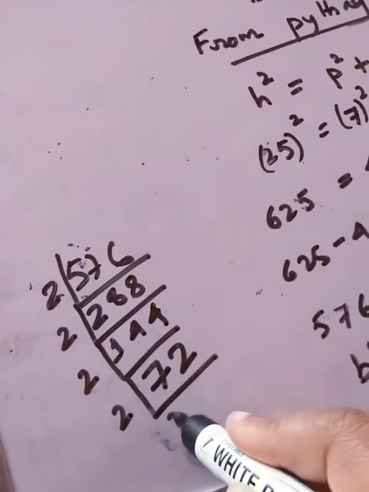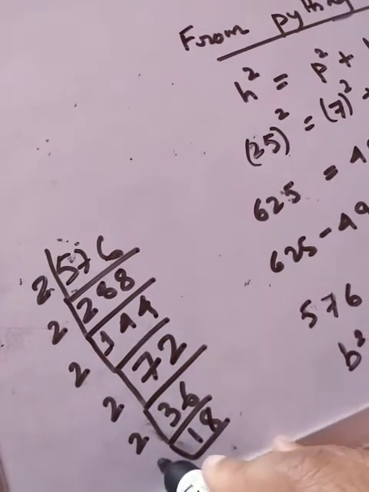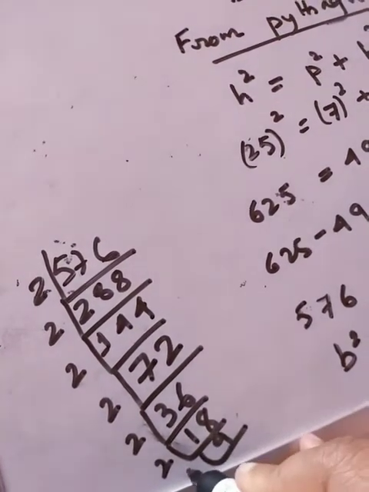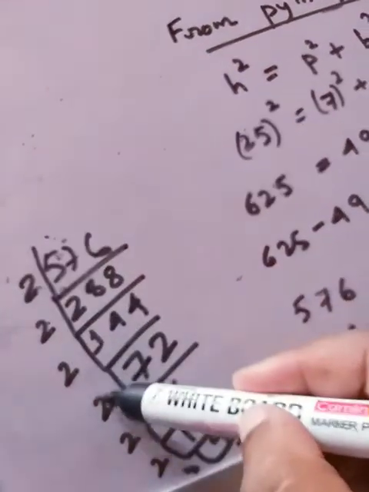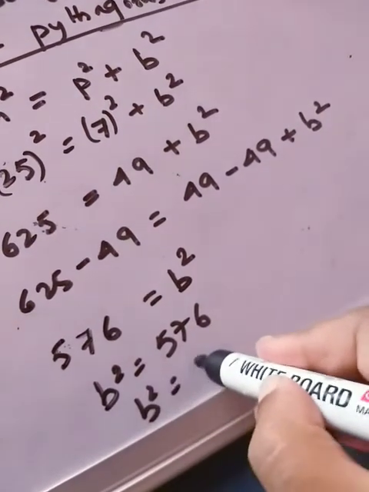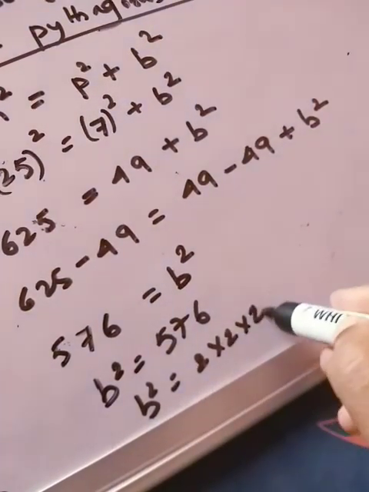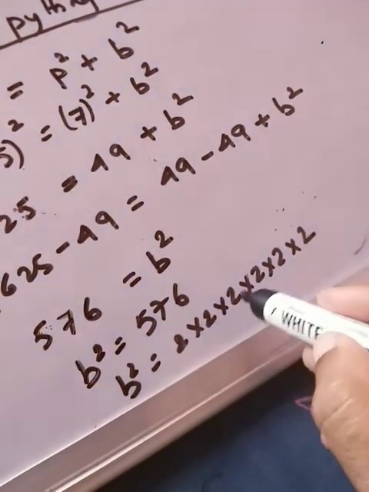Then 2 into 36, 2 into 18, 2 into 9, and then 3. So how many 2s? 1, 2, 3, 4, 5, 6. We'll write 2 into 2 into 2 into 2 into 2 into 2. And how many 3s are there? 3, 2.